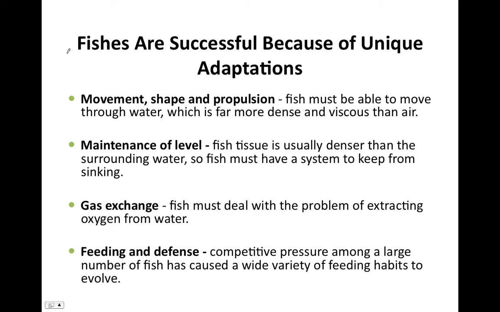Also, if you're living in the water, you have to maintain level. That can use a lot of energy, say if you were trying to tread water in a swimming pool. So in order to maintain a certain depth in the ocean without having to constantly exert energy swimming, they have what's called a swim bladder.